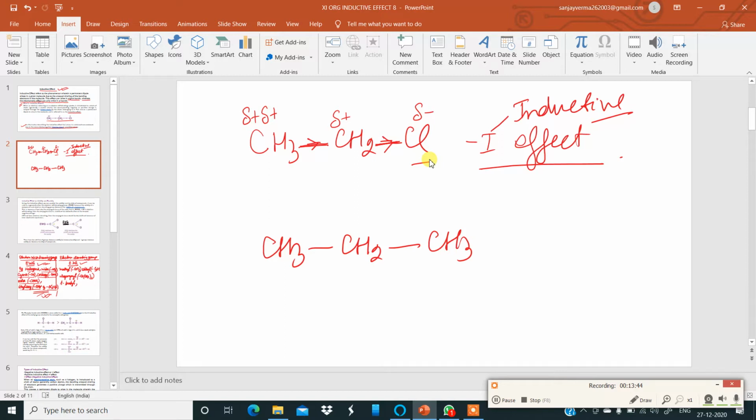So I can have over here from two sides, this is a methyl group. It is pushing electrons towards this CH2 group over here. So here this is going to show us plus I effect.